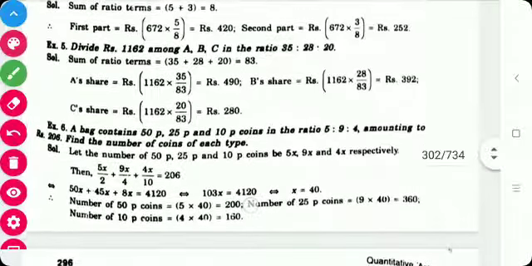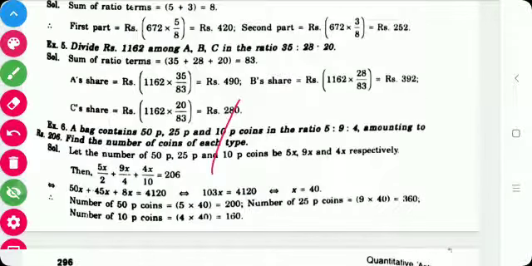Next, sixth problem is: a bag contains 50 paise, 25 paise and 10 paise coins in the ratio 5:9:4, amounting to 206 rupees in total. Find the number of coins of each type. Let the number of 50 paise, 25 paise and 10 paise coins be 5x, 9x and 4x respectively.